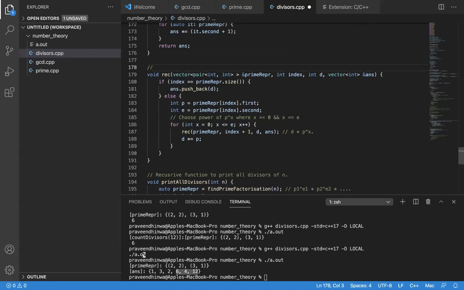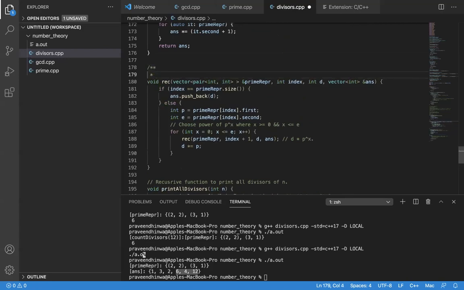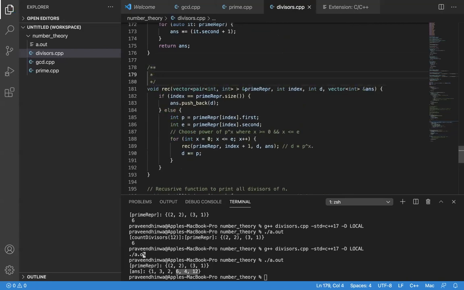This recursion is so important that you will most likely find some problem related to this in interviews. This kind of recursion is used in many problems.